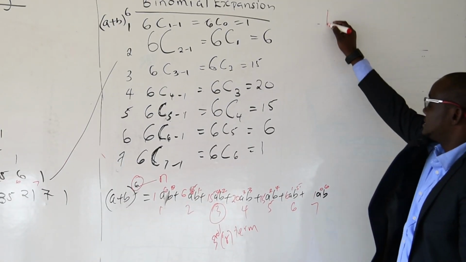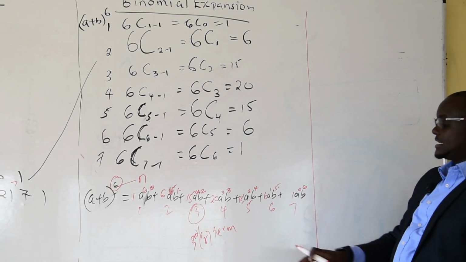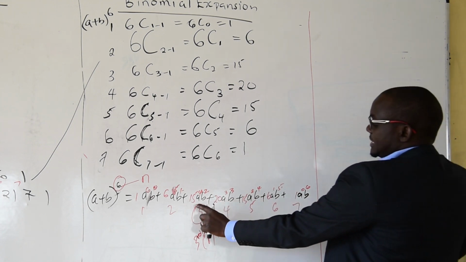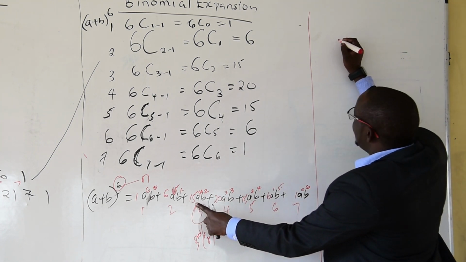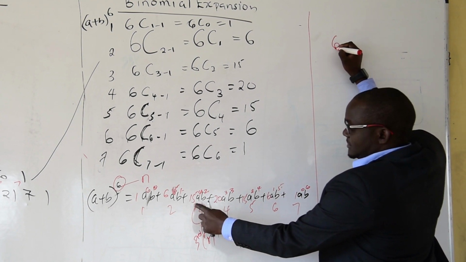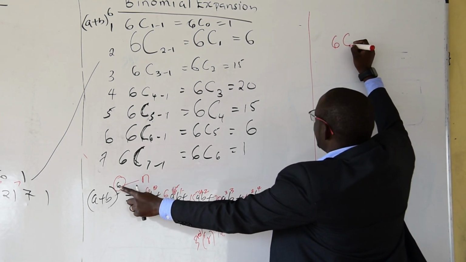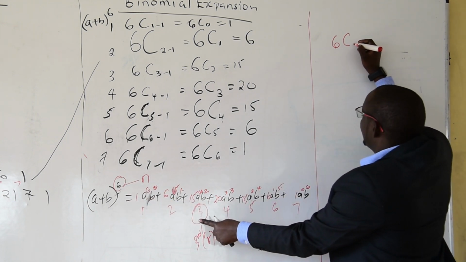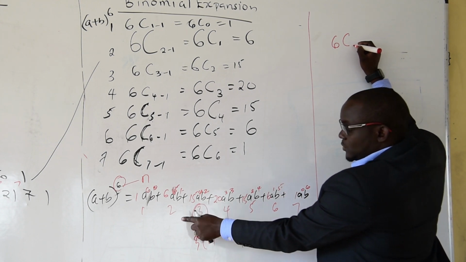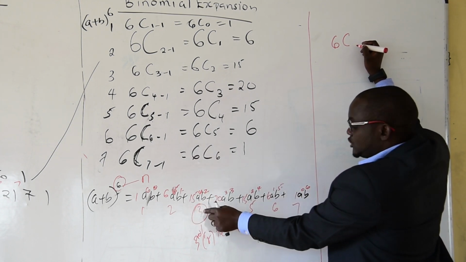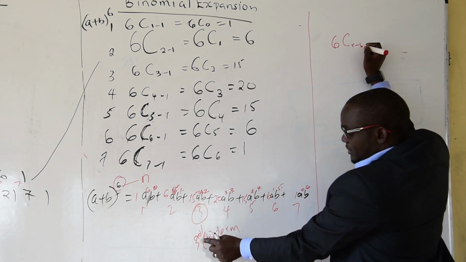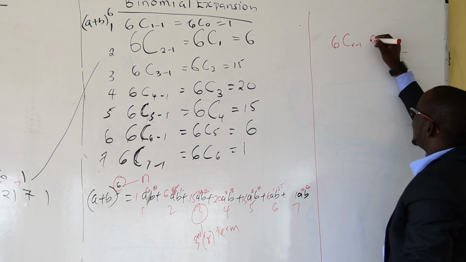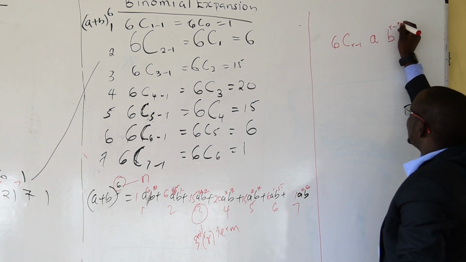So this means we can actually get the r-th term. Anytime we want to get the r-th term, I will take 6, which is my n, combination. If it is the third term, I will use 3 minus 1 to get this 15, 6 combination 2. So here I will say r minus 1, because it's my third term. Then I will have b to the power r minus 1.